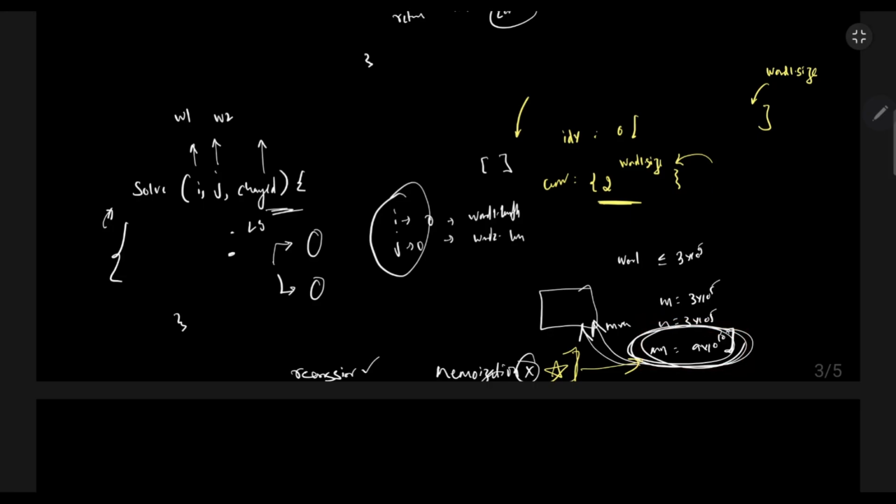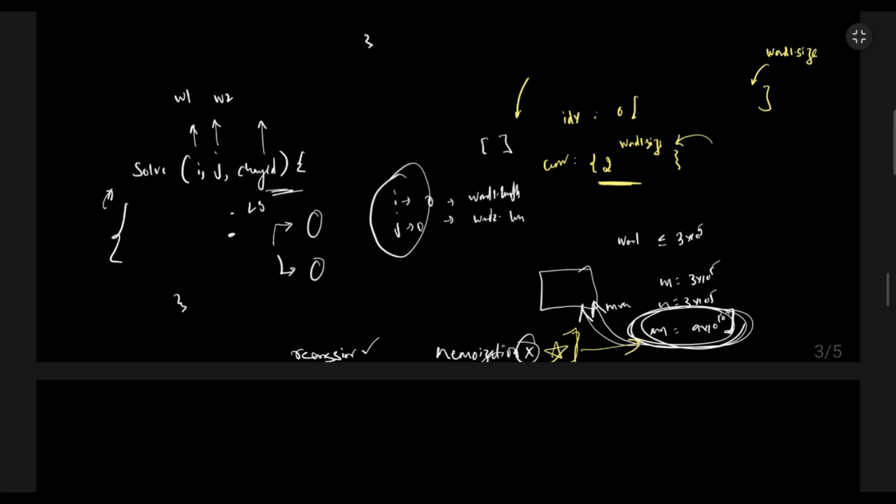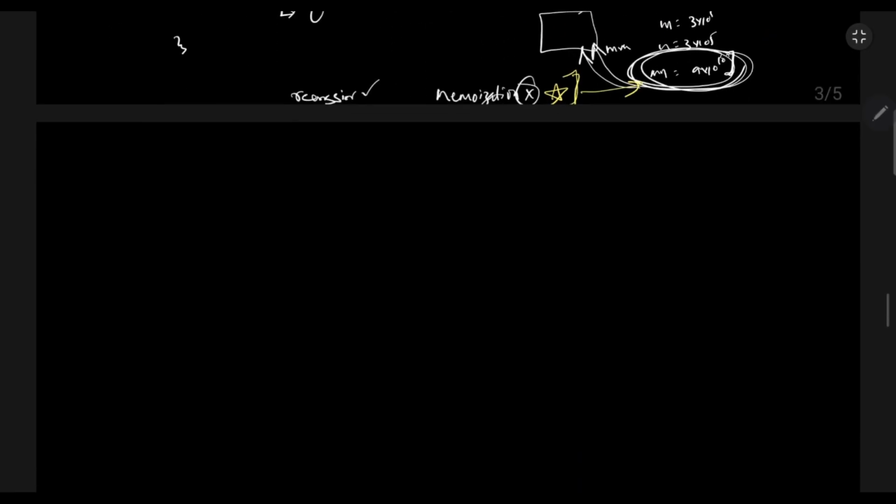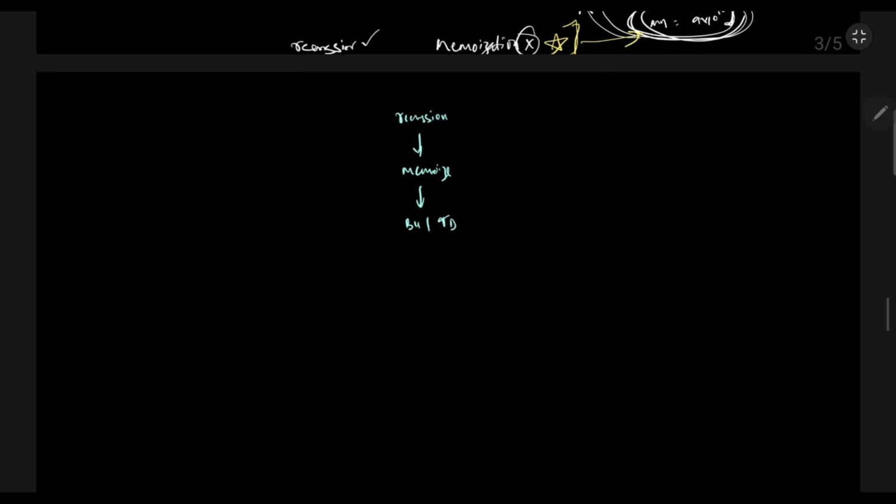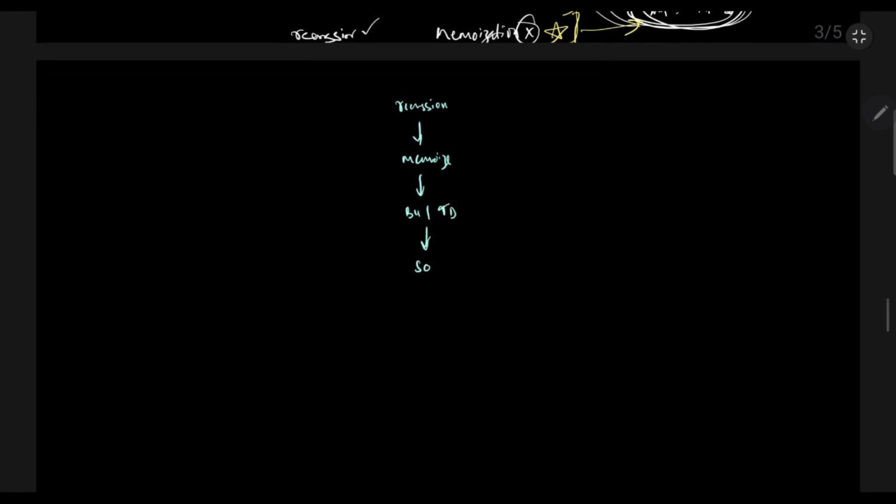All right, so till now, what everyone will do for this kind of problems is go for the recursion. Next they will memoize that one, and after that they do the bottom up or top down approach, and they will space optimize this one.